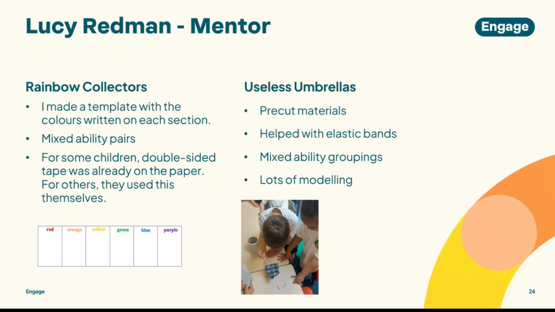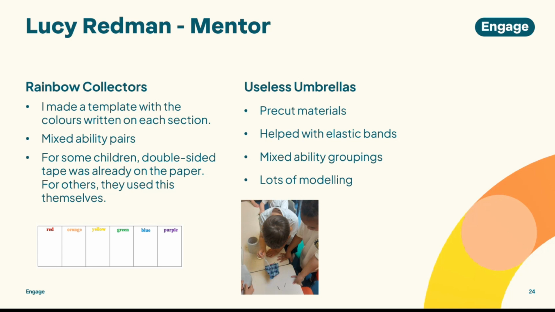With the Useless Umbrellas, some children were able to cut the pieces of material that they were going to use. Others needed to have it pre-cut. Putting the elastic bands over the beaker and the material is quite tricky for some children, so some children needed help with that. Again, putting the children in mixed ability groups means that they can do that peer-to-peer support.